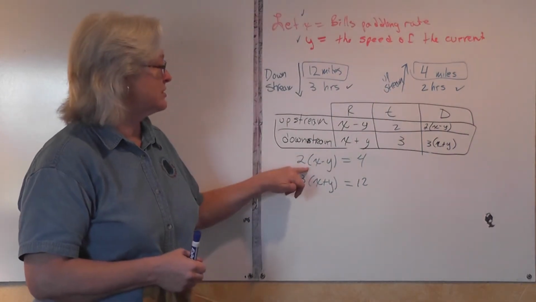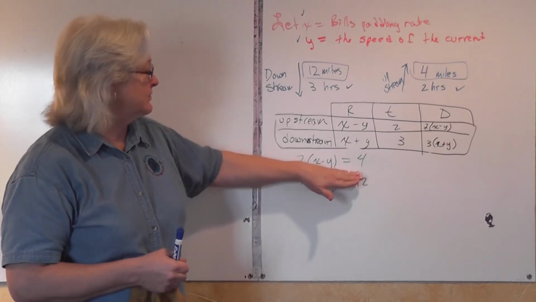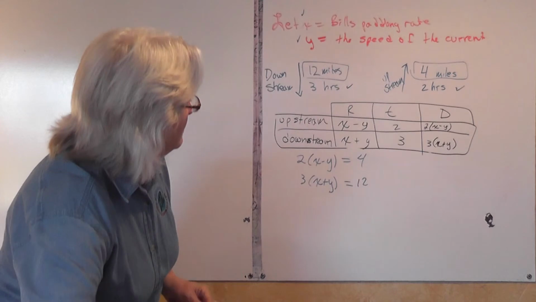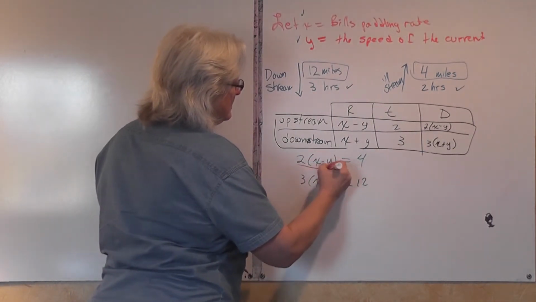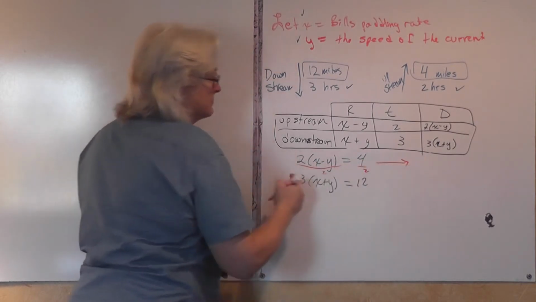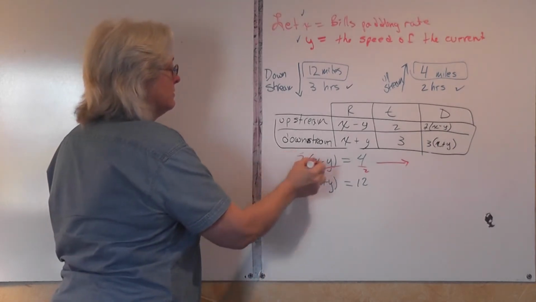Well, yeah, why don't we just go ahead and divide both sides of this first equation by 2. What happens if you do that? We divide the left hand side of the equation by 2.